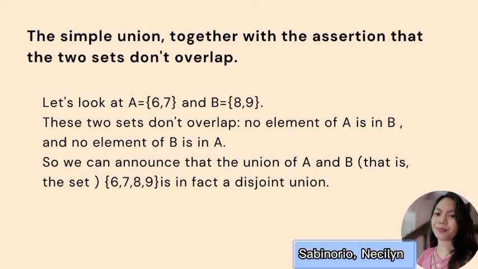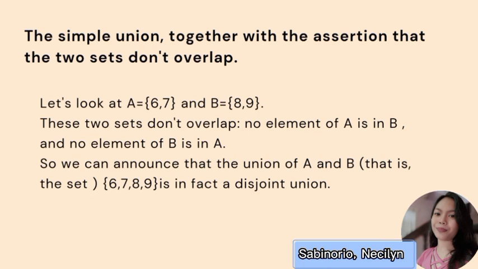No element of A is in B, and no element of B is in A. So that's why the union of A and B is equal to 6, 7, 8, and 9. These are the elements of the disjoint union of A and B. So dito po sa first definition, we directly combine the elements in two sets to get the disjoint union of sets A and B.